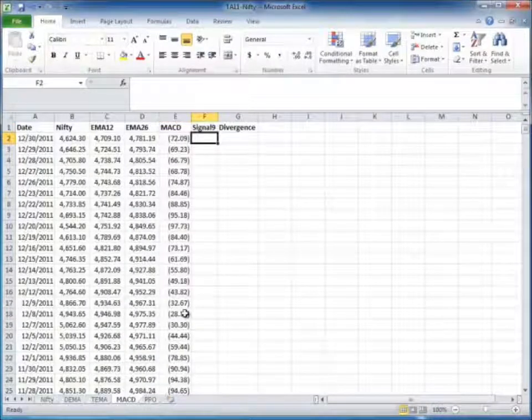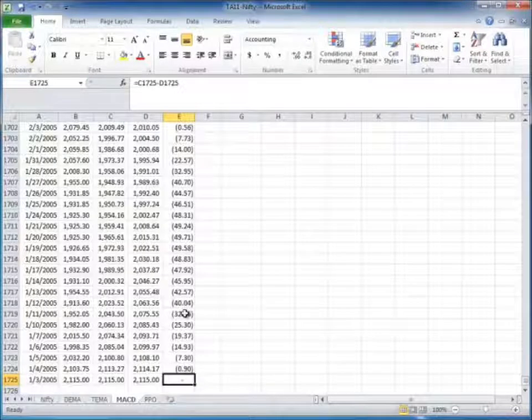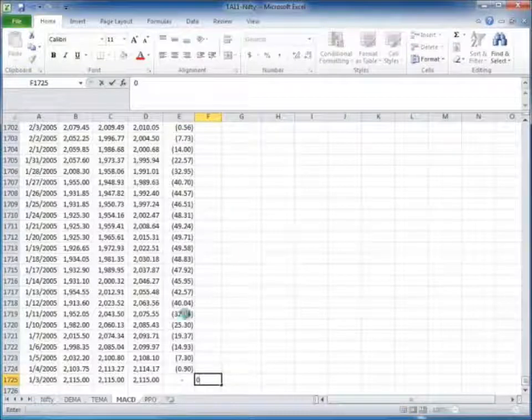And finally we have the signal line, which is now an EMA of the MACD, and it's a 9-day EMA of the MACD. Alright, so let's use the formula for the EMA, which we know. So let me start by copying this value across. This value is 0, so I'm just going to put 0 over here.